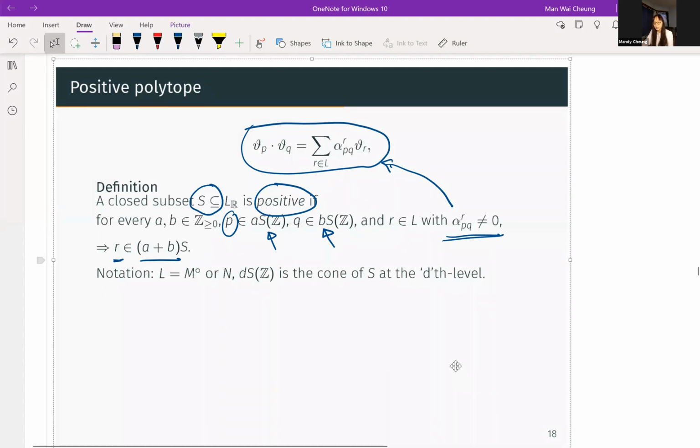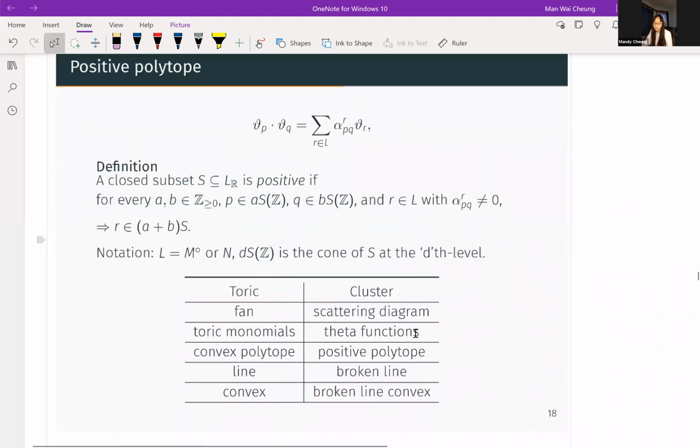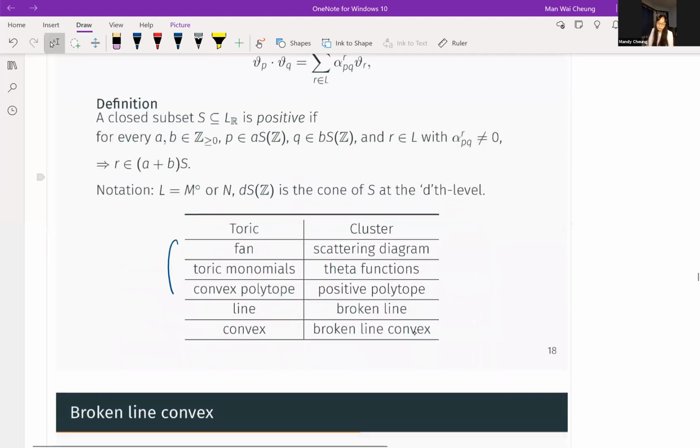So you can see once we have a set that is positive, we get a compactification or partial compactification of the algebra generated by theta functions. So here it is. We were talking about the first generalization from the toric world to the cluster world.